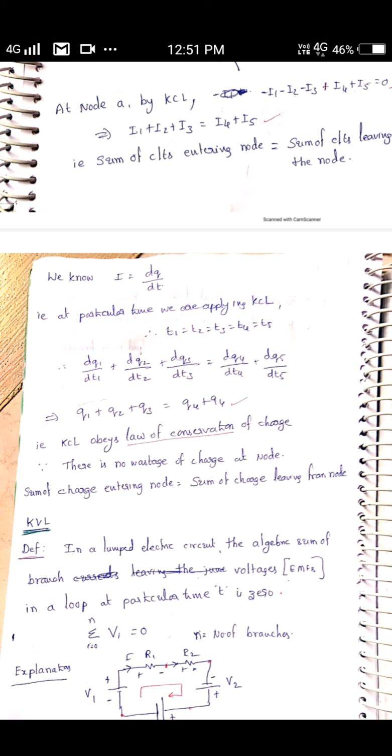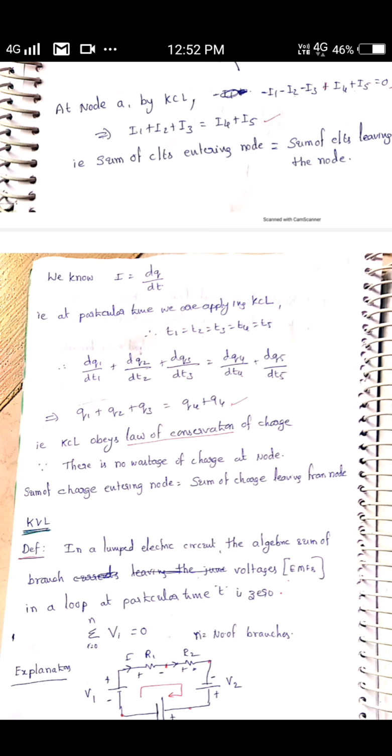Next, Kirchhoff's voltage law, simply KVL. See, KCL we apply at a node or branch. KVL applies in a loop, any closed path.